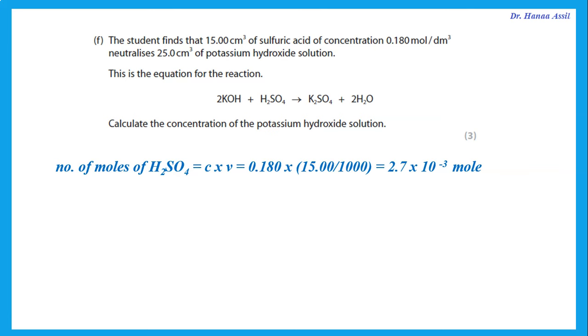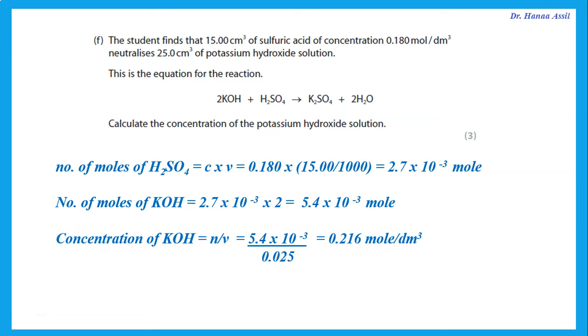Then we look at the equation. What is the relationship between the number of moles of sulfuric acid and the number of moles of potassium hydroxide? You'll find the equation says number of moles of potassium hydroxide is twice that of sulfuric acid. So multiply by 2, that's the number of moles of potassium hydroxide. Then what are we required to get?